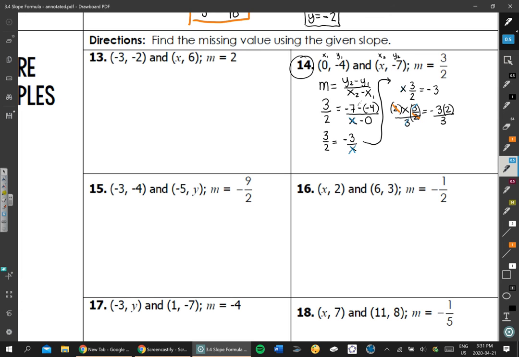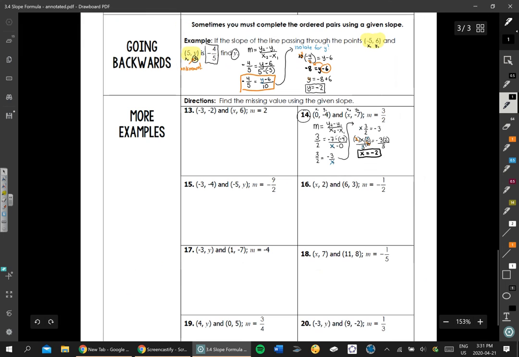So I'm left with x is equal to -2. Therefore the x coordinate is -2, and that would be our final answer there.